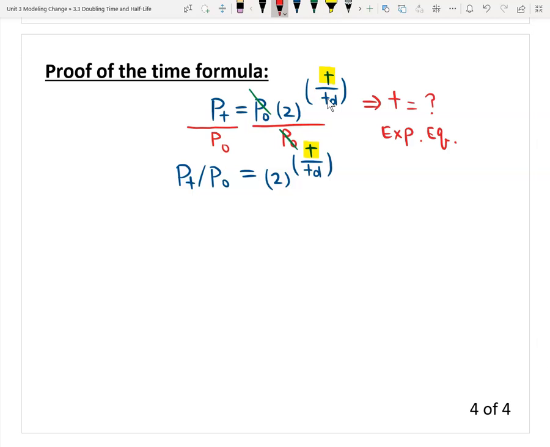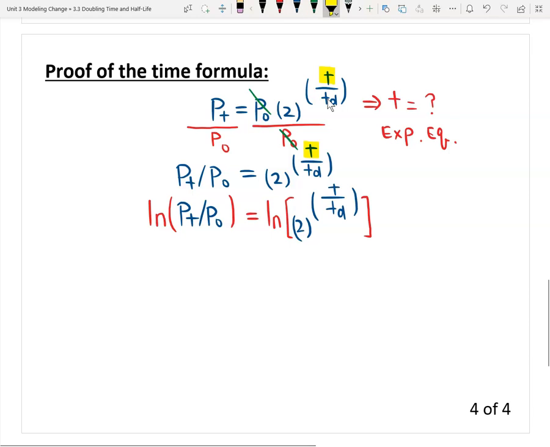Now, we simplify this power by taking the logarithm. I take ln, the natural logarithm, on the left, and I take ln, the natural logarithm, the same on the right. So the left is ln of PT over P0. The right is ln of 2 raised to the power of t over TD. Now we do have a complicated power, right?